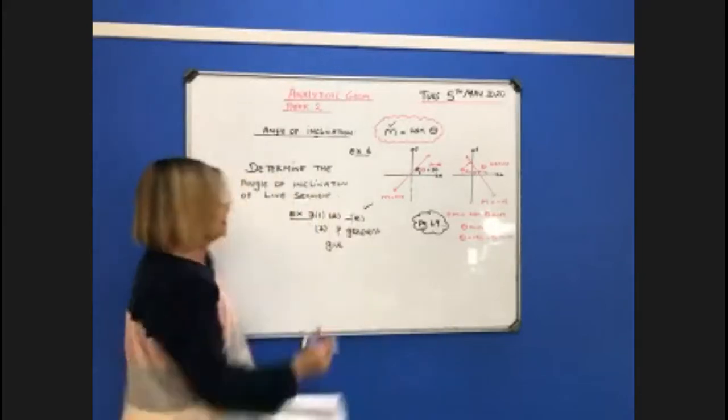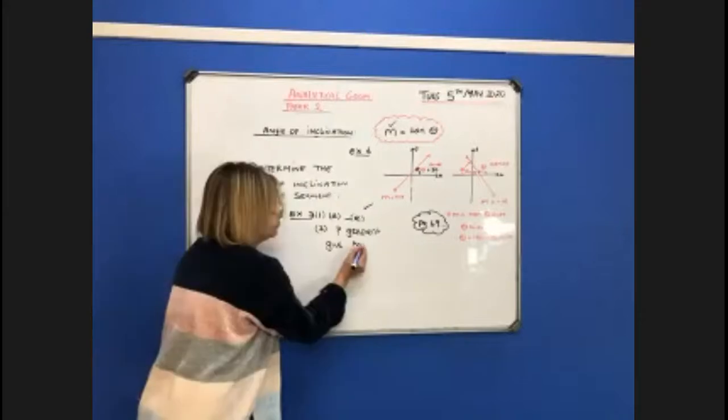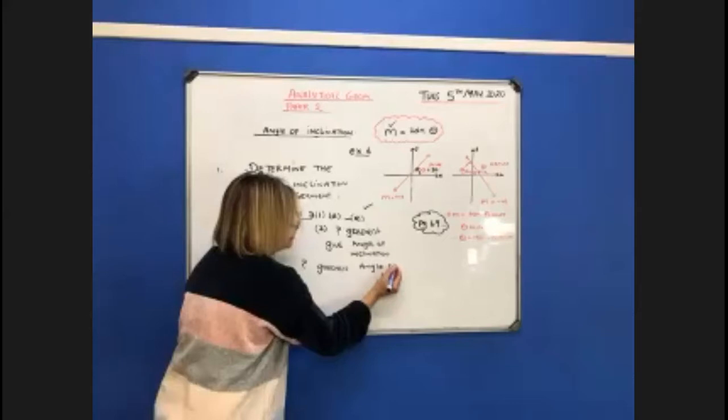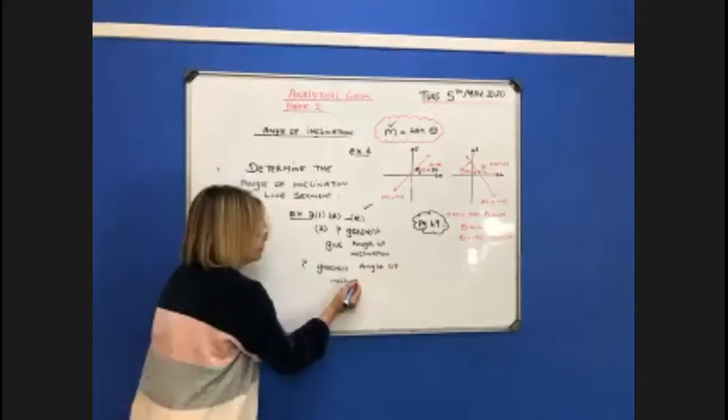So the first thing, okay, so what straight line. Inclination. It's a bit noisy.